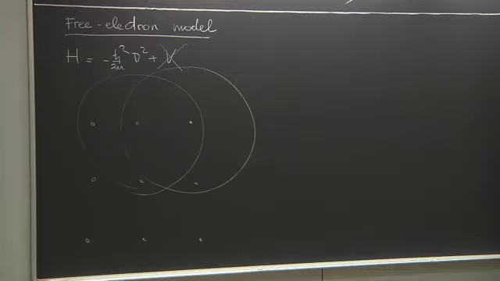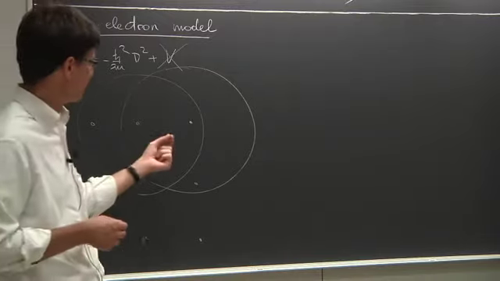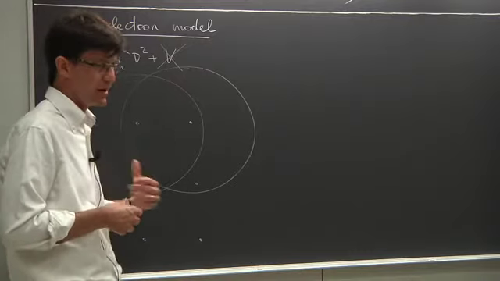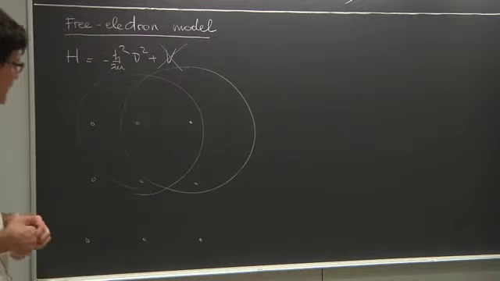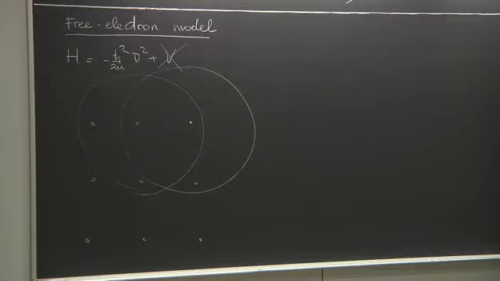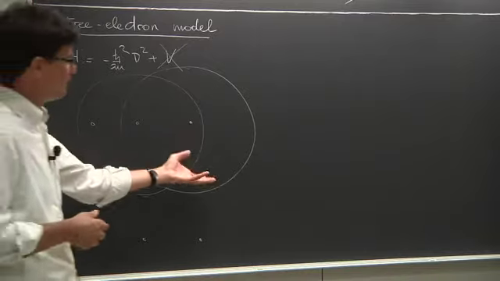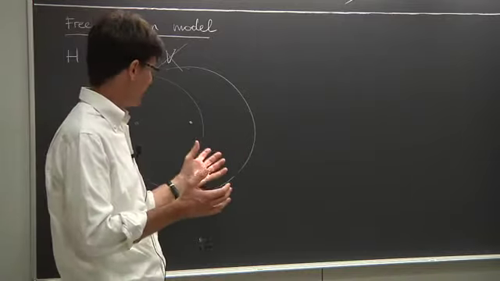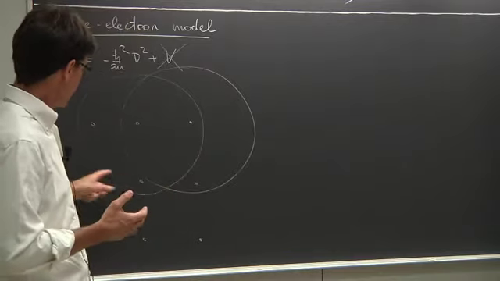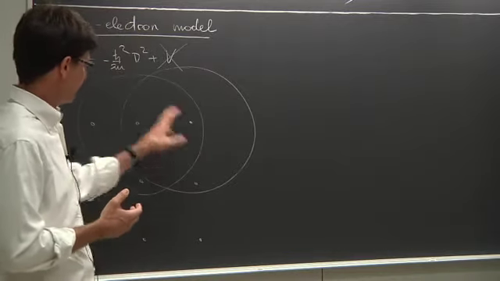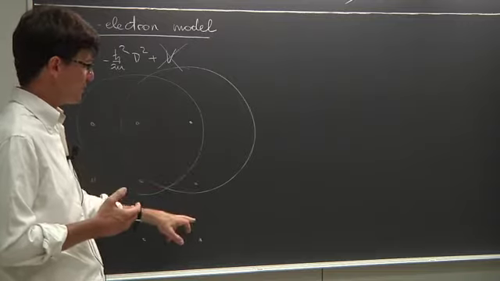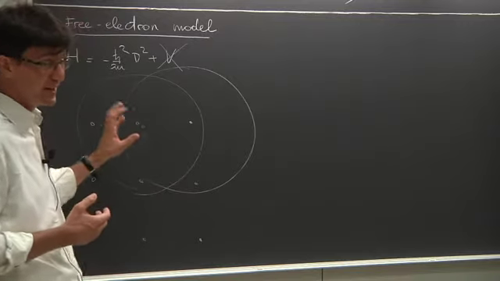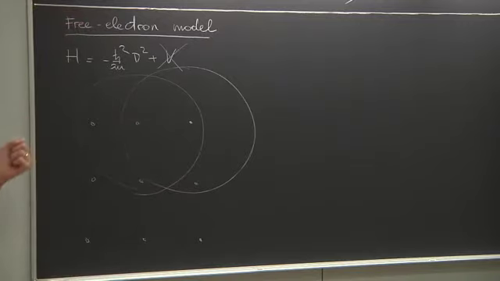Connected to that, of course, is the fact that these systems have a very low ionization potential, which means that the electrons can be stripped away from their nuclei with very little energy. And connected to that is also the fact that these electronic clouds are very polarizable, very easy to distort, and therefore the interaction of the nuclei that each electron sees is going to be screened very effectively by the presence of the other electrons.